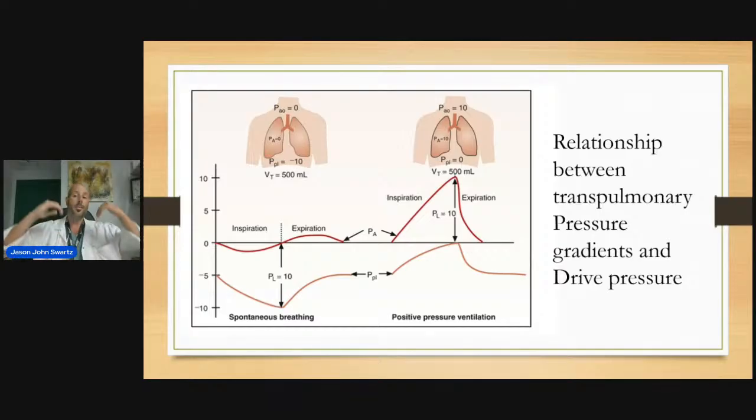And then if on inspiration you have a pleural pressure that is way superior to the pressures being generated on inspiration, let's say an inspiratory pause, then you're likely going to have trouble expanding those alveoli. So this is the way we should be looking at things.